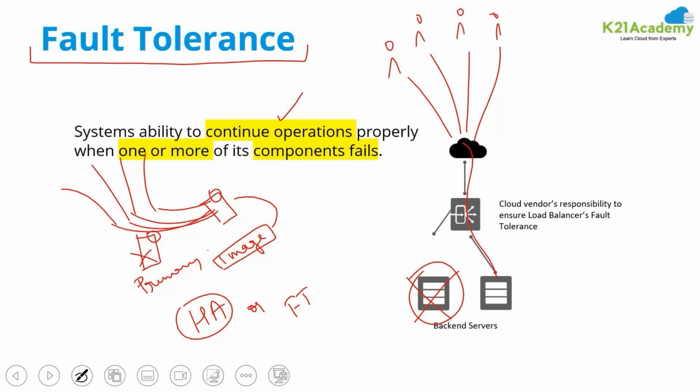But by the time the server is being created and the traffic is being rerouted, you will have a small amount of downtime. When the primary fails and the secondary takes over, it takes a little bit of downtime for that failover to happen.